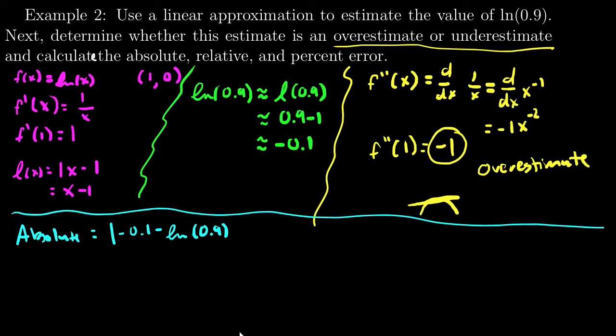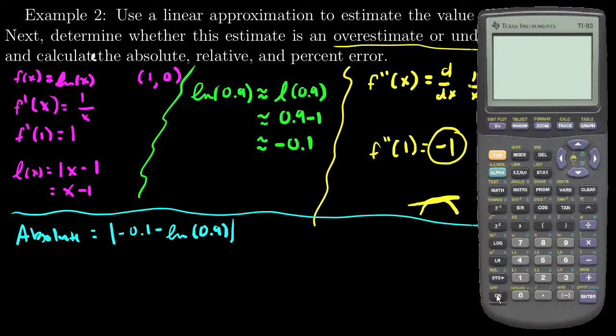And for this, I'm going to use the calculator. Let me close off that absolute value. So go to the calculator, and I will find negative 0.1 minus natural log of 0.9. I get 0.00536.